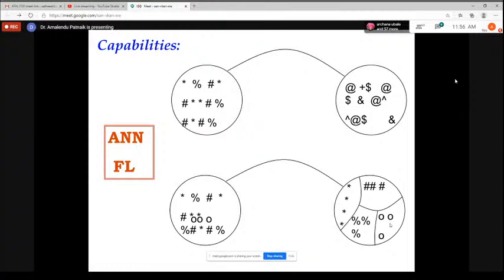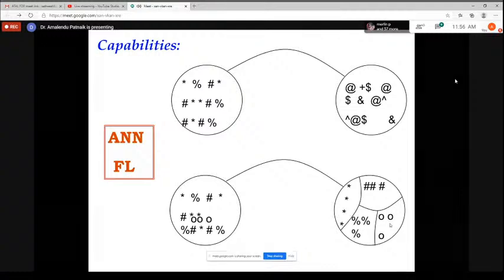In mathematics, we call it a classification type of problem. So function mapping and classification problems can be solved using these two meta-heuristics, ANN and fuzzy logic.